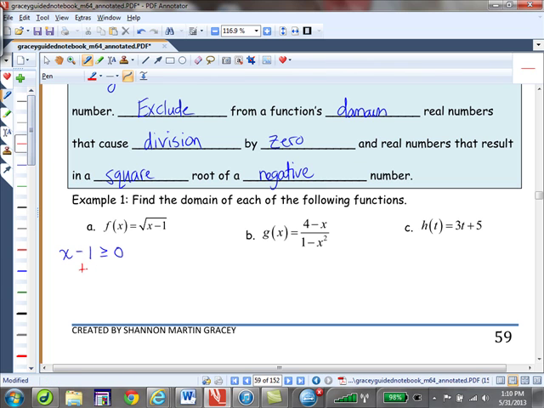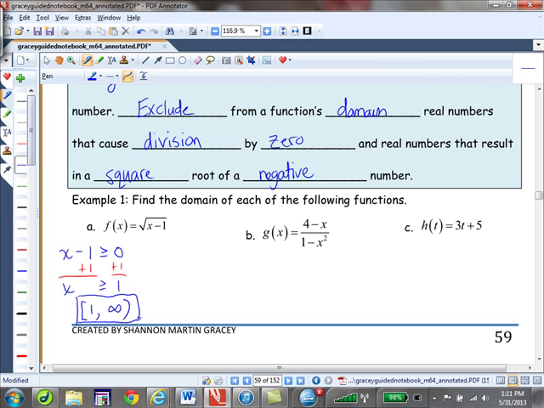So if we add 1 to both sides, we will get x has to be greater than or equal to 1. And we write that in interval notation as 1 to infinity. Okay.